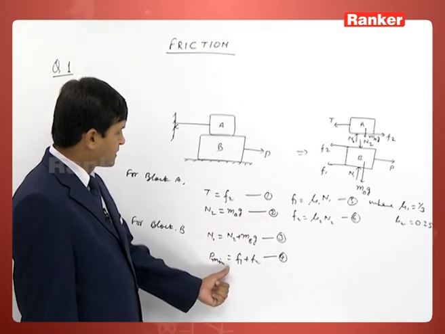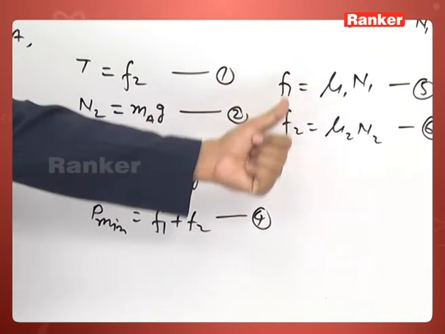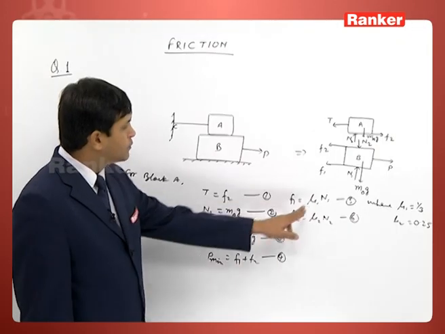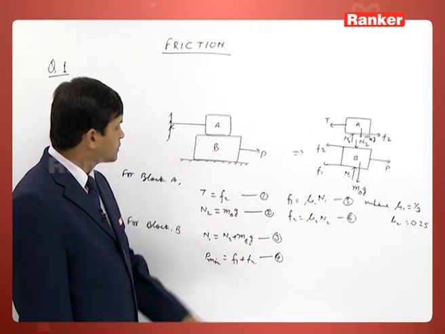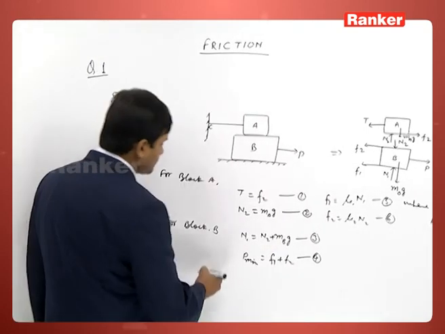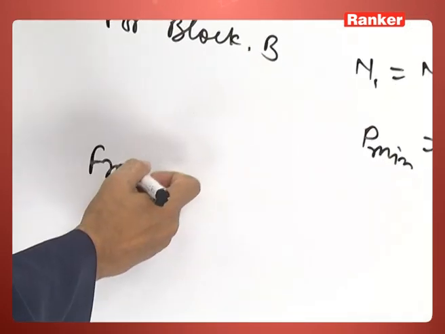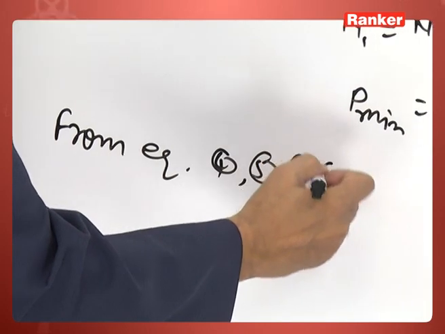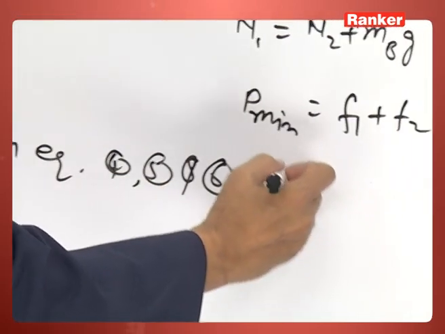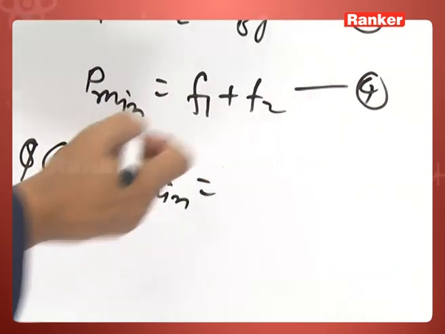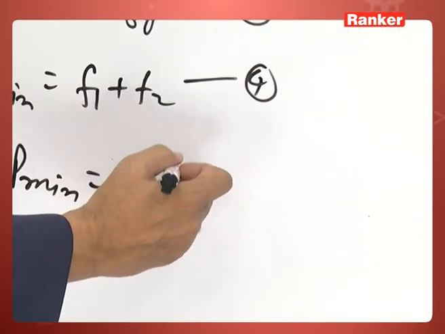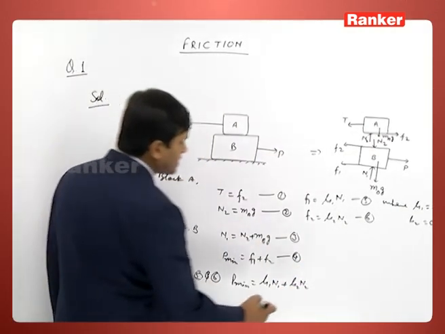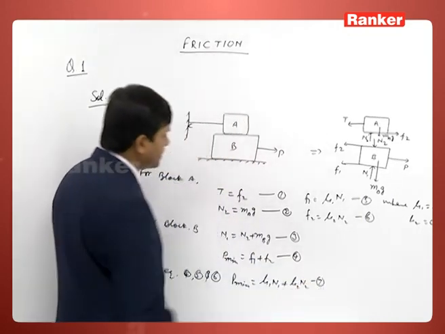See, first, from equations 4, 5 and 6, we can say P minimum is equal to mu 1 N1 plus mu 2 N2. So this is equation number 7.